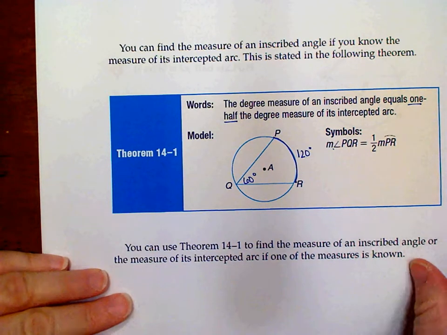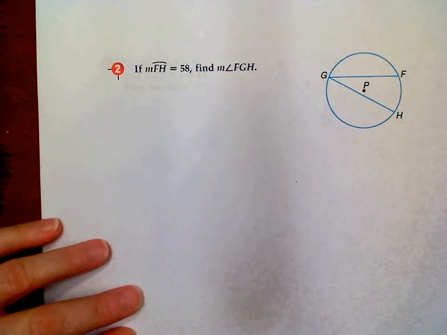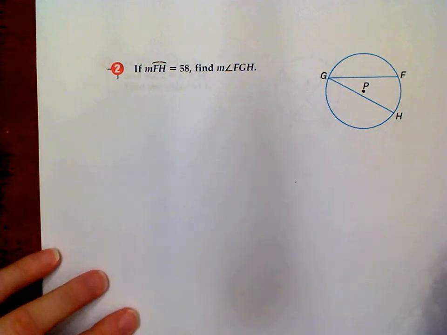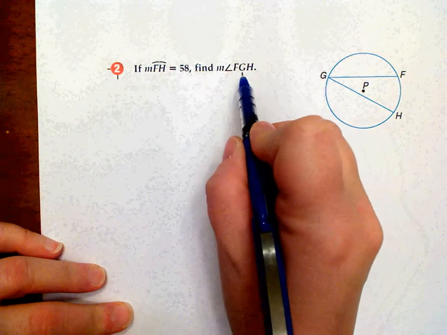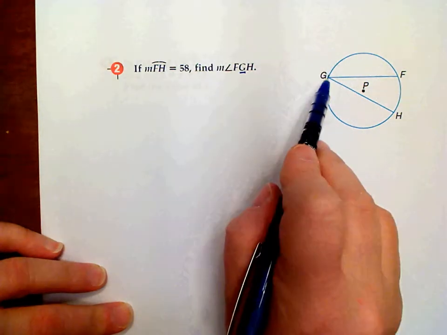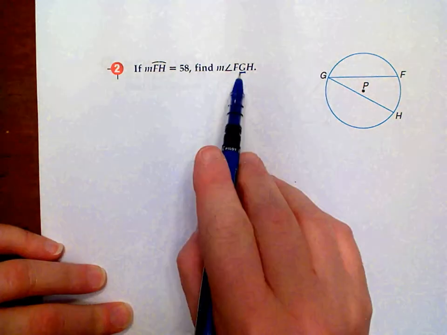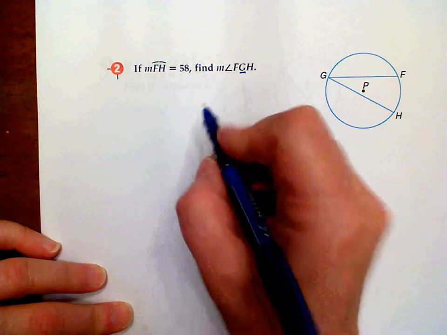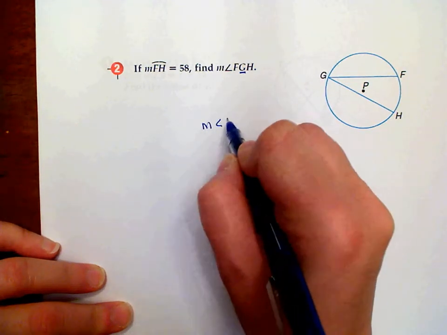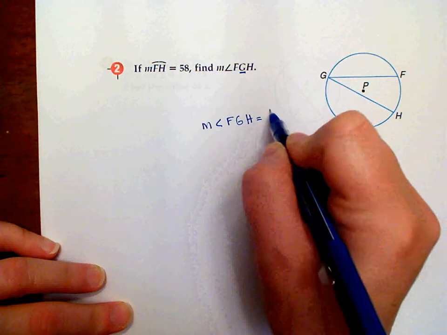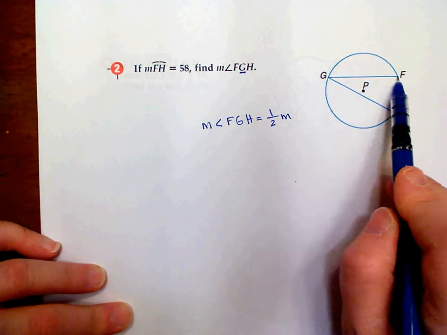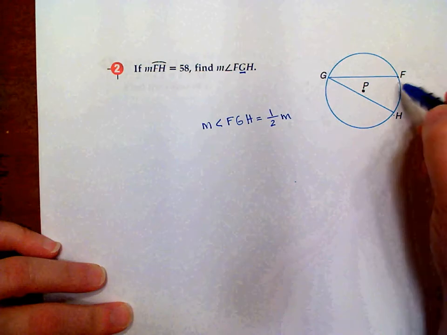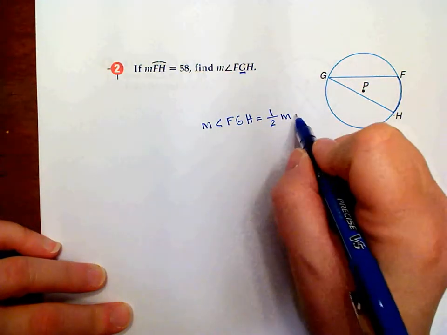So let's look at an example. Here we want to find the measure of angle FGH. The vertex of the angle is a point on the circle, so that's called an inscribed angle. So the measure of angle FGH is going to be half of the measure of the arc it forms. Follow the sides to point F and point H. This is the arc that it is half of. Half of the arc, measure of arc FH.